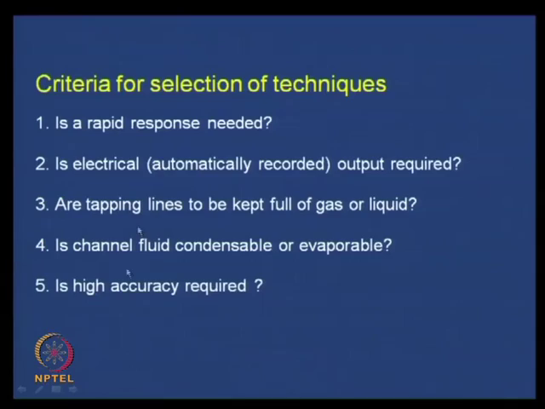The other thing is, how much accuracy do you need? The final point which I have given is how much high accuracy is required, because if you need high accuracy, then for liquid filled tapping lines we can go for inverted liquid gas manometers as compared to liquid mercury manometers. Instead of liquid mercury manometers, if we go for liquid gas manometers, it is going to be better.